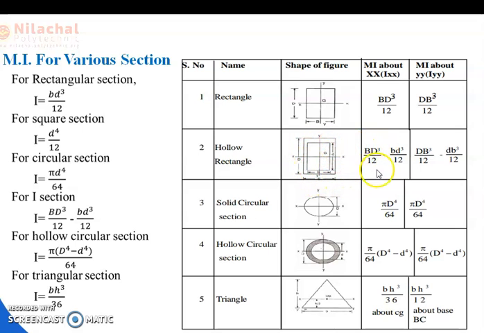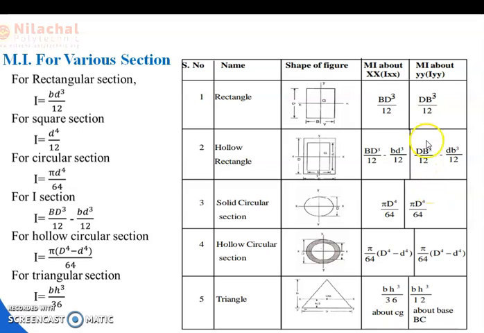So here you can see for the outer rectangle the moment of inertia will be BD cubed by 12, which we have already read in this part, minus the smaller rectangle's moment of inertia, that means small b d cubed by 12.